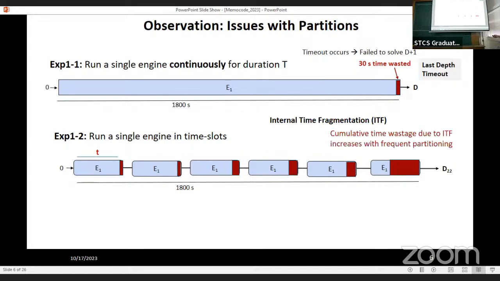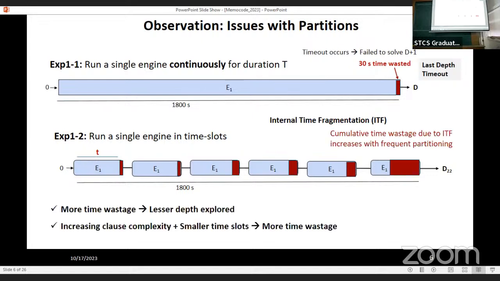This was another observation. We call this internal time fragmentation. If you have more time wasted, cumulatively you're not doing useful work for some amount of the 1800 seconds. Now, if the clause complexity is increasing, plus you have smaller time slots, finally it is more time wastage. So the slot duration also matters.